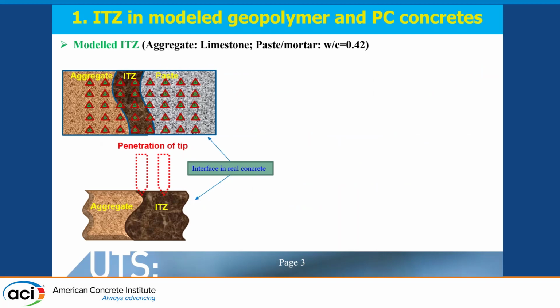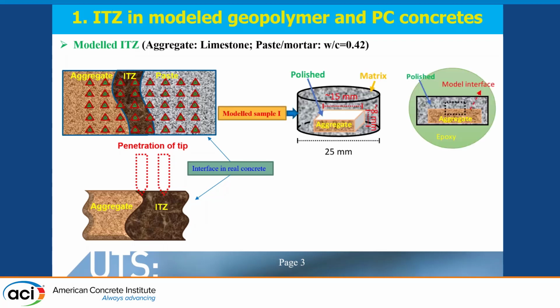In a natural one, you have aggregate, then the interfacial transition zone, then the cement paste. People have already done nanoindentation with mapping. What we did is take a piece of aggregate, actually a limestone aggregate, polish the surface, and embed this aggregate inside the paste.